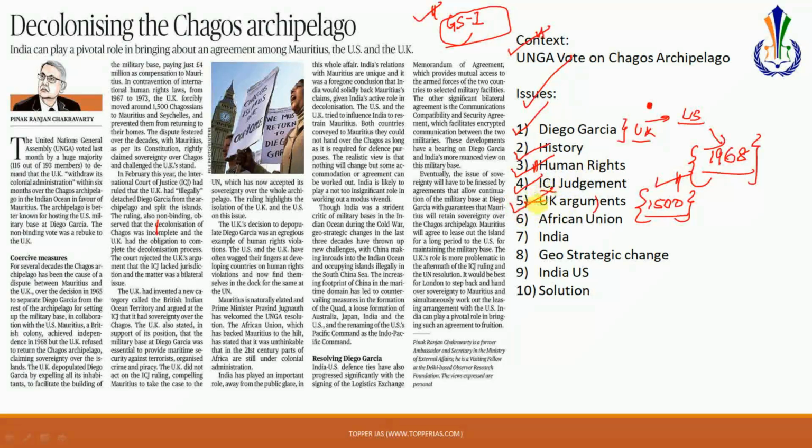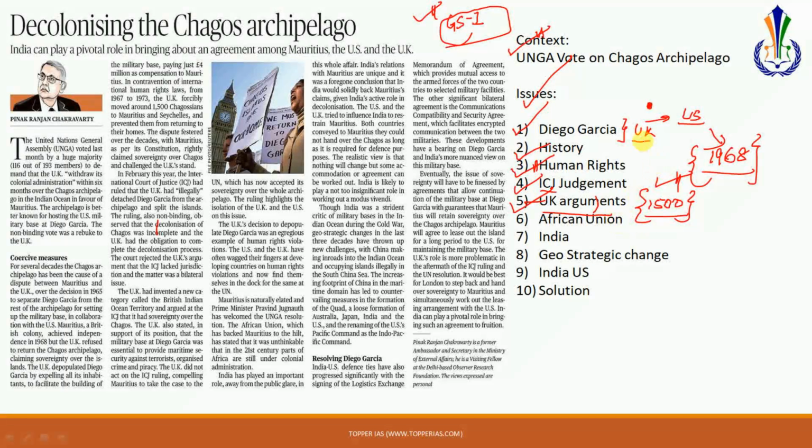Now, what are the arguments that the United Kingdom gives in its favor? First and foremost, it says it had declared this region as the British Indian Ocean Territory, and that is why it is under the United Kingdom. The second issue is that the military base at Diego Garcia is important for providing maritime security in this region, especially against terrorists, organized crime and piracy.